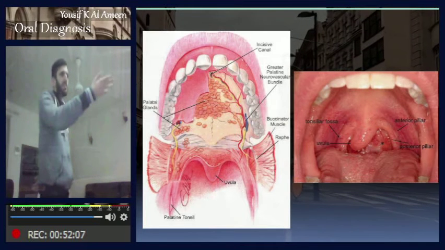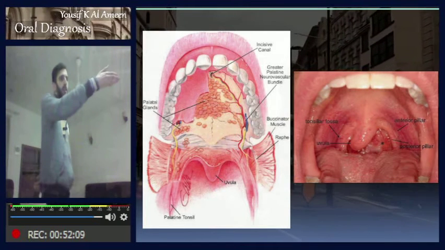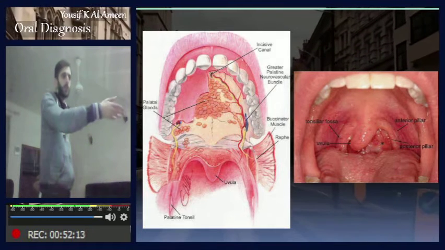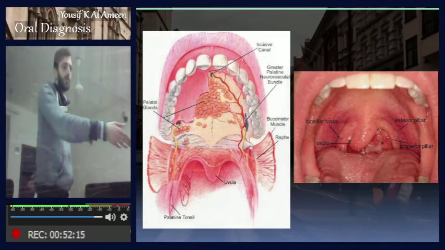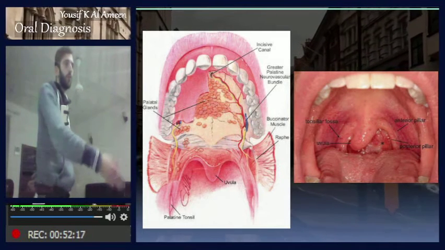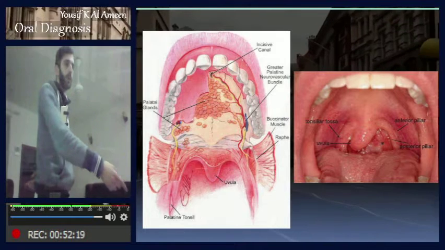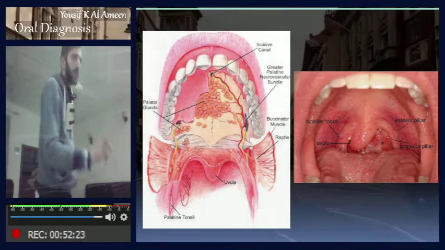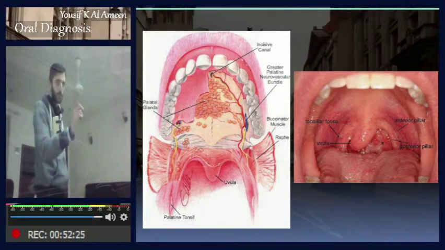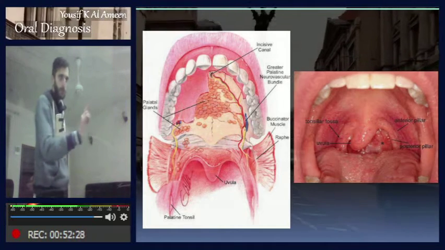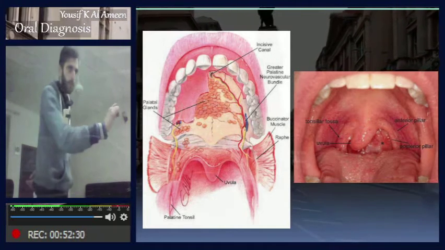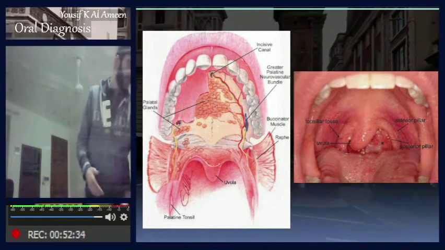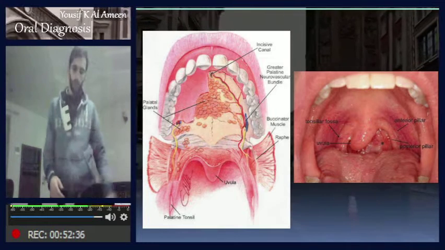This picture will show you the incisive canal, the greater palatine neurovascular bundle, palatine glands, buccinator muscles, raphe, uvula, and palatine tonsils. In the other picture, not this one, this one, we have the incisive fossa, uvula, etc.